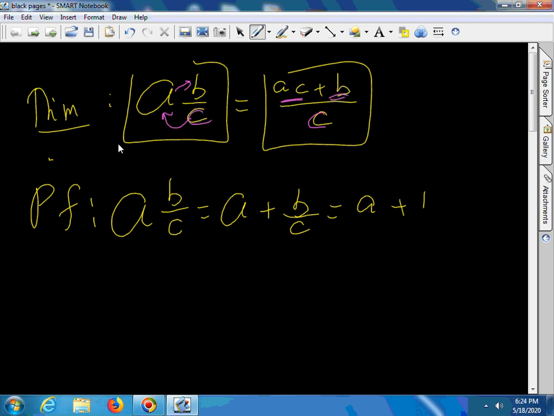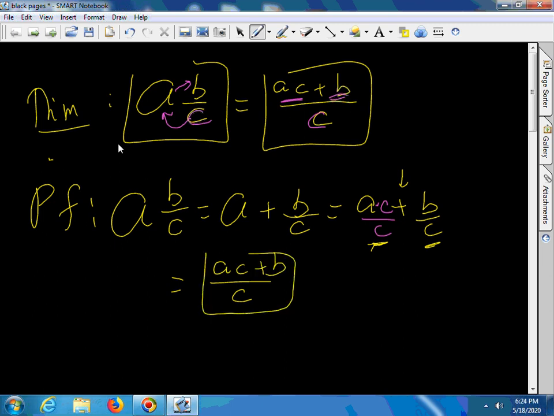And the common denominator will simply be c. I'll change a by multiplying it by 1 as c over c. Now, in addition, I have the same denominators, so I keep it and I just add the tops. A times C plus B. There it is.